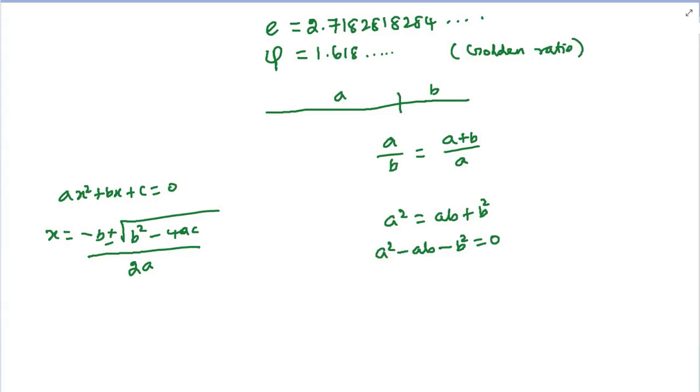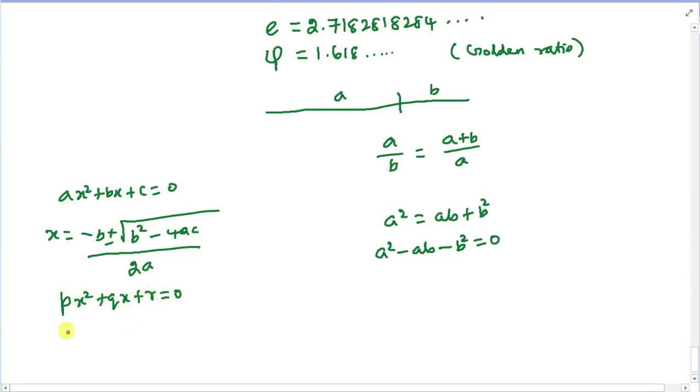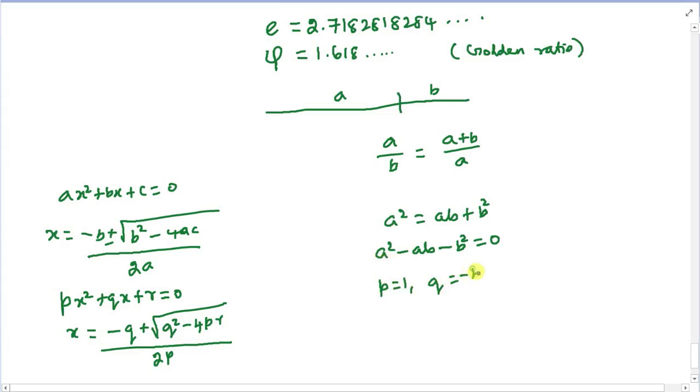I mean, if this quadratic equation is given like this, px square plus qx plus r is equal to 0, the roots are given as x is equal to minus q plus or minus root over q square minus 4pr by 2p. So here p is equal to 1 and q is equal to minus B, then r is equal to minus B square.